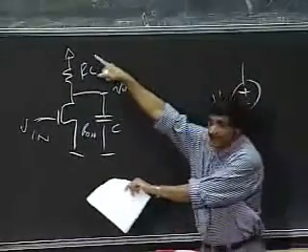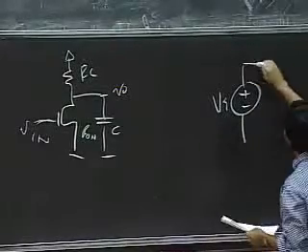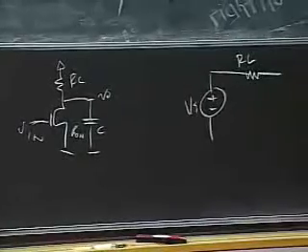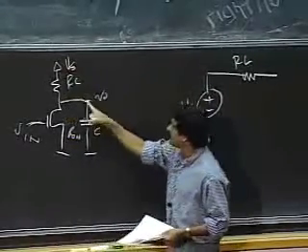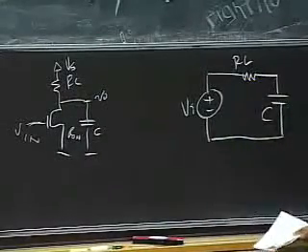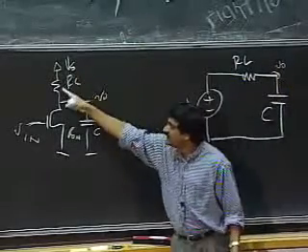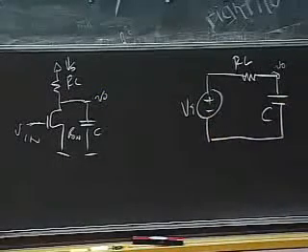I have a Vs, and the Vs supply is connected through RL to a capacitor C. This is my voltage V0. So Vs is always connected to ground through this resistor and capacitor in this manner.